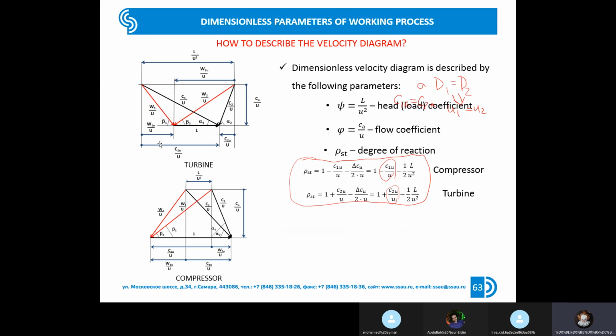If you have constant middle diameter and constant axial velocity, which is very typical for the design process, you need only three independent parameters to describe the working process of the turbomachinery. So you choose three parameters and you know everything about the stage.